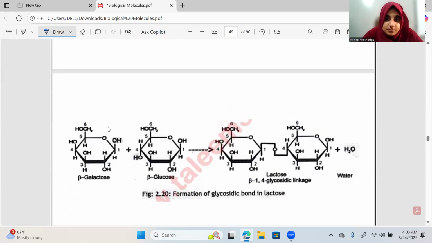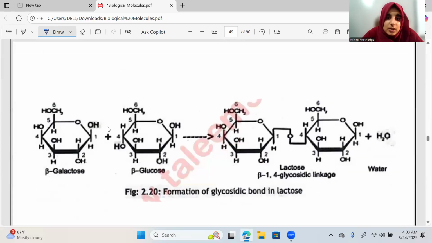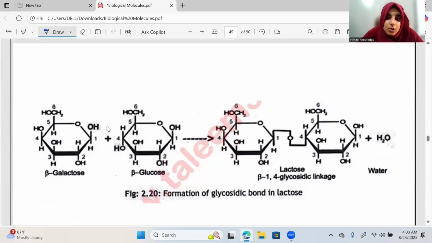As we look over here, this is the H, this is the H as well. Now what happens over here is that OH negative is removed, and from here also hydrogen is removed, right? And OH negative plus H positive, what does this form?